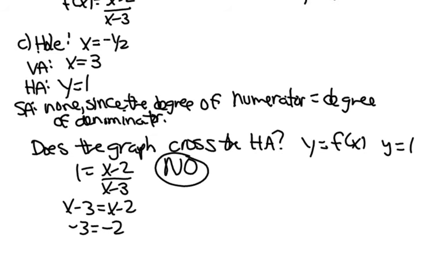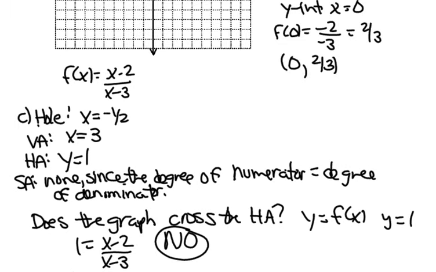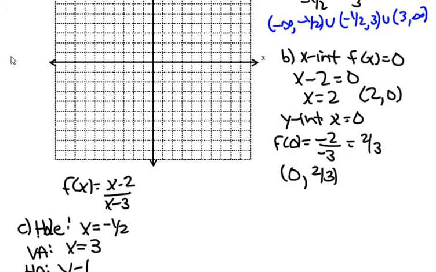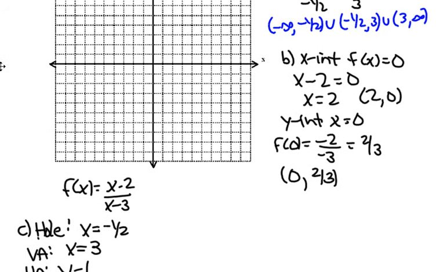Okay, so now what I'm going to do is go above, and we are going to start plotting the points and asymptotes that we have. First of all, let me label my axes. We've got 0, 2/3, and we have what? 2, 0. Now, the vertical asymptote is at x equal to 3, so I can draw that.